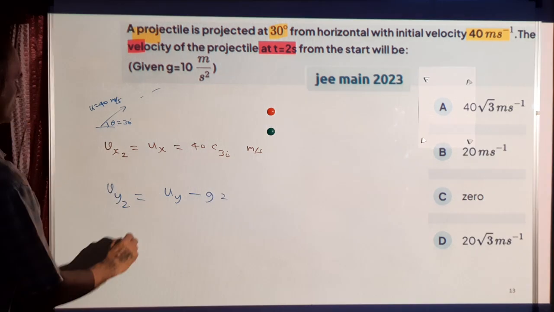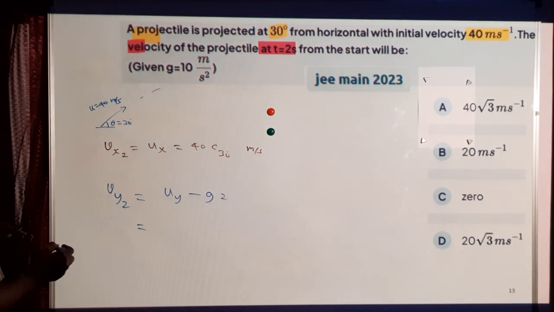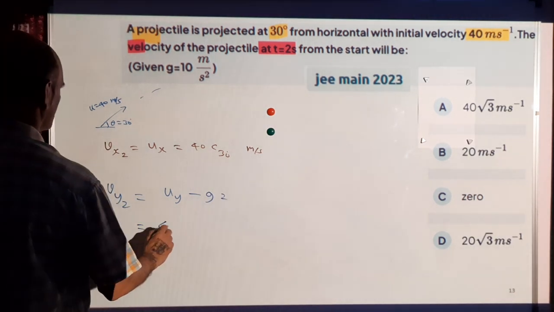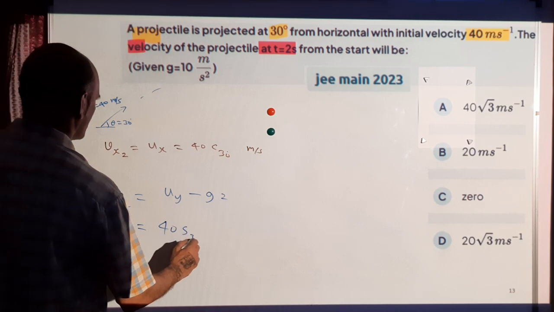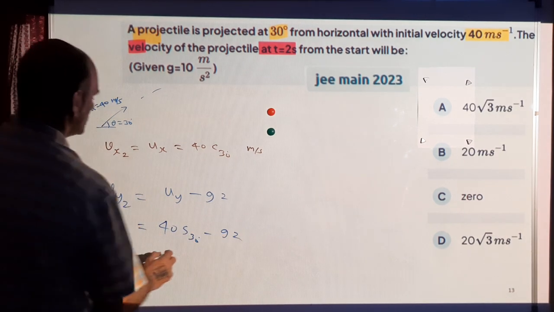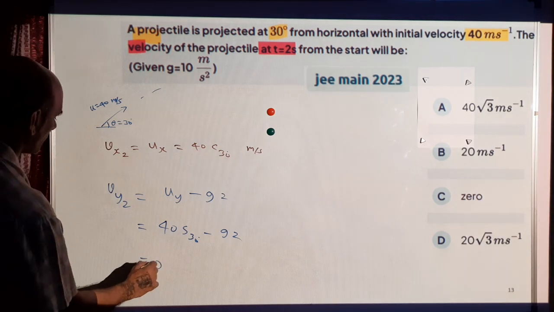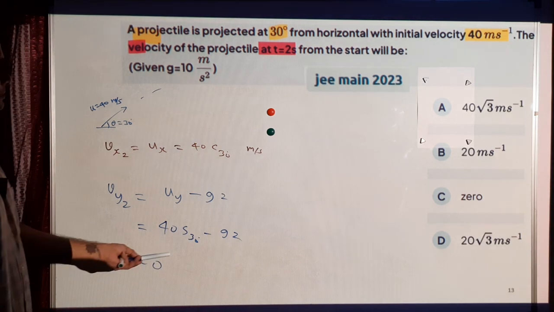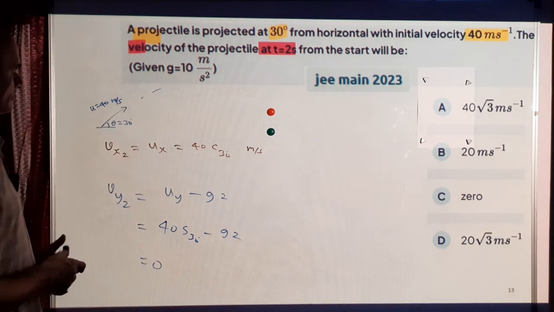Initial vertical velocity is 40 sine 30 minus g into 2. Sine 30 is half, so this is 20. 2g is 20.